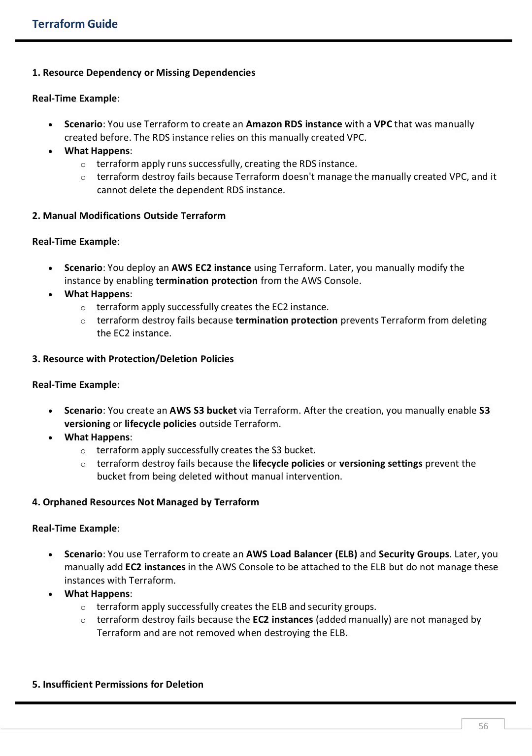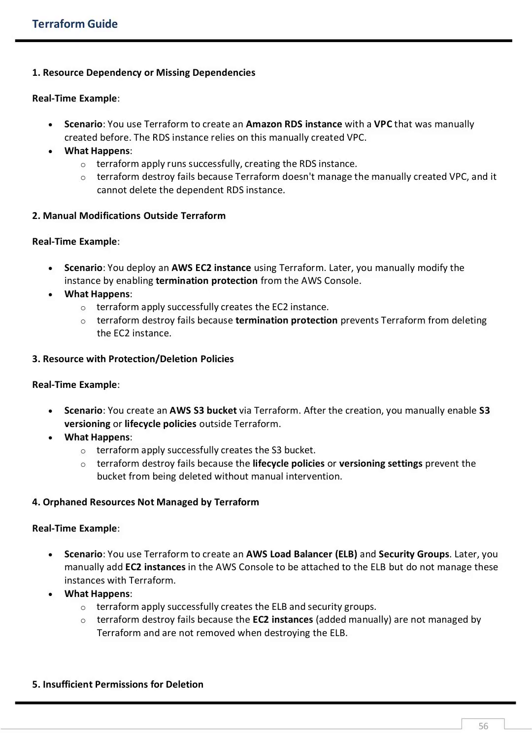The RDS instance relies on this manually created VPC. What happens? Terraform apply runs successfully, creating the RDS instance. Terraform destroy fails because Terraform doesn't manage the manually created VPC, and it cannot delete the dependent RDS instance.